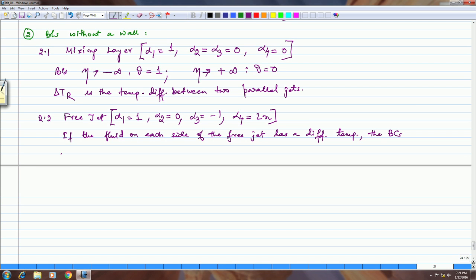You go to the far negative side, so your non-dimensional temperature difference is 1, and if you go to the positive far off side, right? So if the fluid on each side of the jet has a different temperature, right?